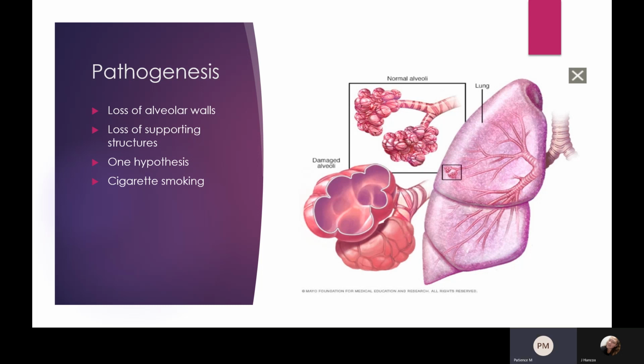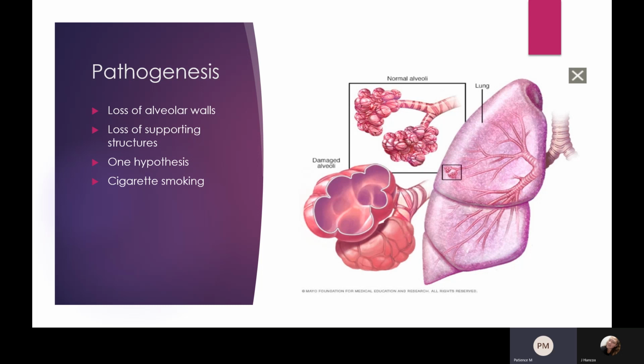One hypothesis is that excessive amounts of the enzyme lysosomal elastase are released from the neutrophils in the lungs. This results in the destruction of elastin, which is an important structural protein of the lung. Neutrophil elastase also degrades type 4 collagen, which is important in determining the strength of the thin sides of the pulmonary capillary and therefore the integrity of the alveolar wall.